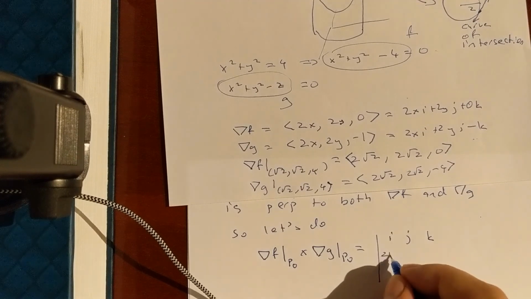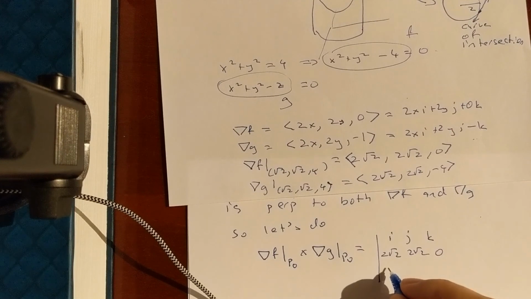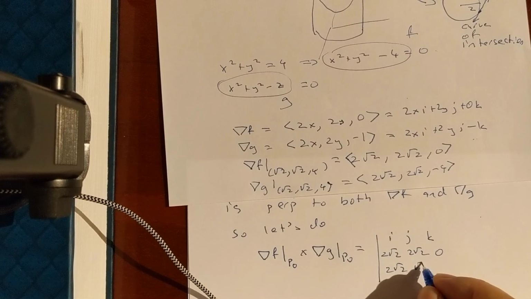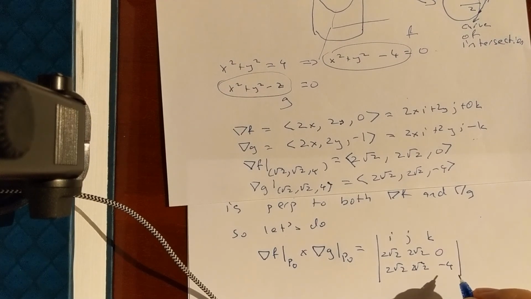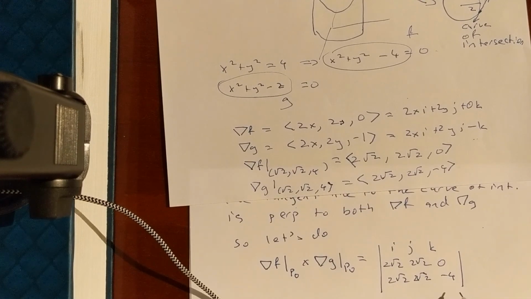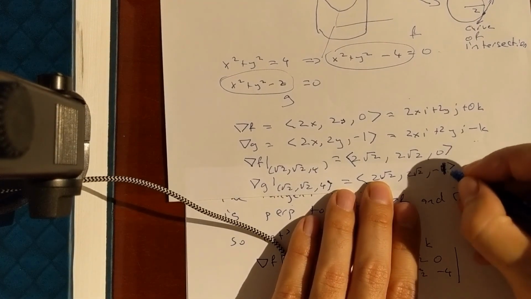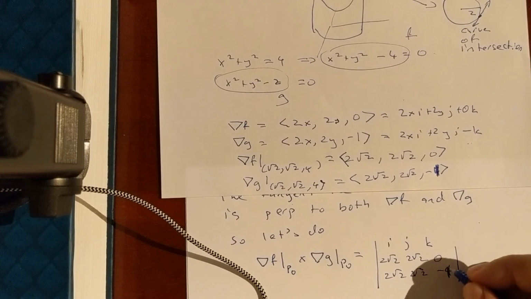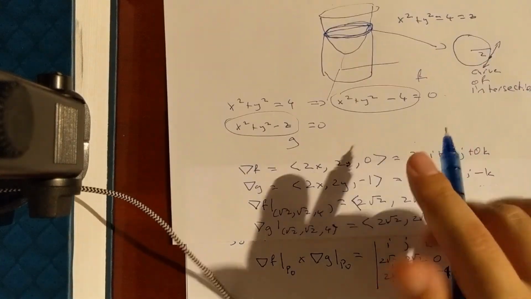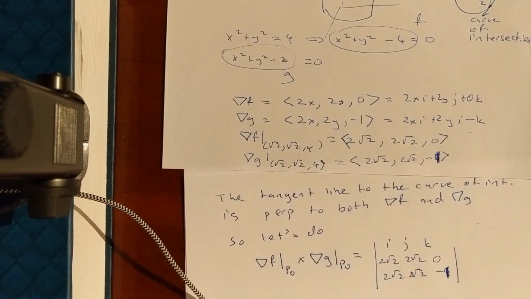The first row was 2 square root 2, 2 square root 2, 0, and the second was 2 square root 2, 2 square root 2, minus 1. Not minus 4, my bad. It's just minus k, it's minus 1. My mind wanted this minus 4, but it's just the derivative coming from this guy. Minus 1.